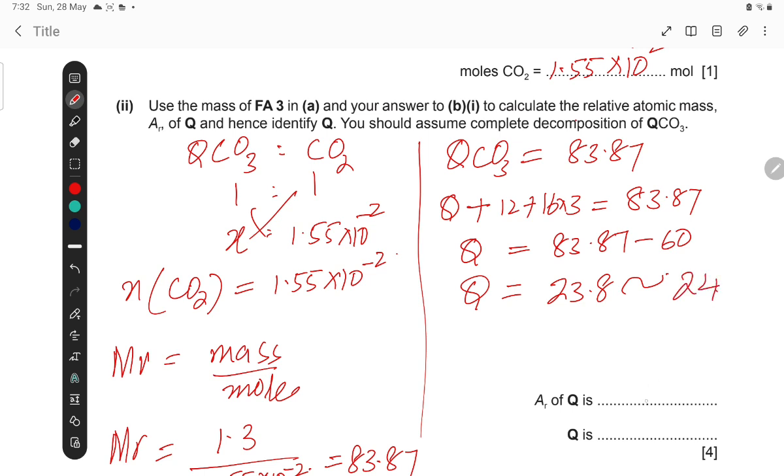So the Ar of Q is 24 and the metal Q is magnesium.